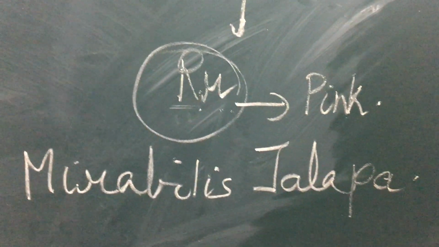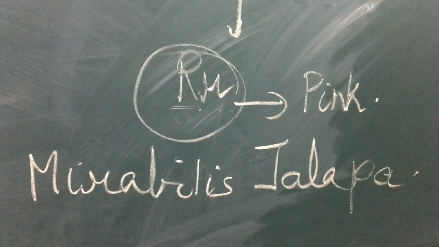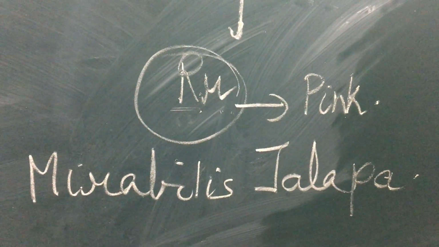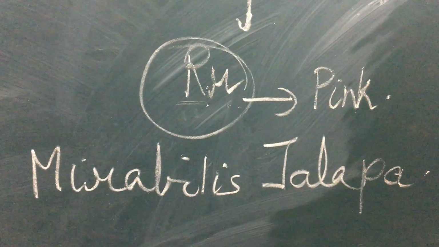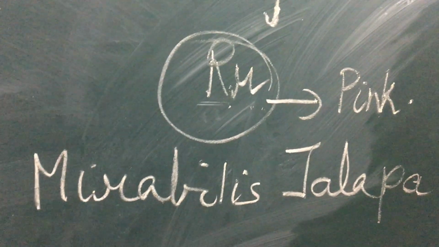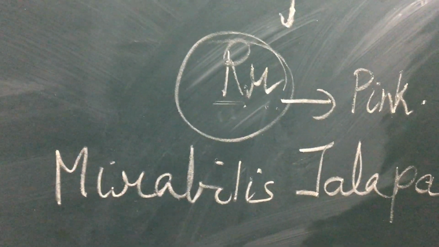Its flower blooms right in the morning at 8 o'clock or 9 o'clock. In that category, it shows incomplete dominance. So 3 laws are there of Mendel, but this is an exception that is called incomplete dominance.